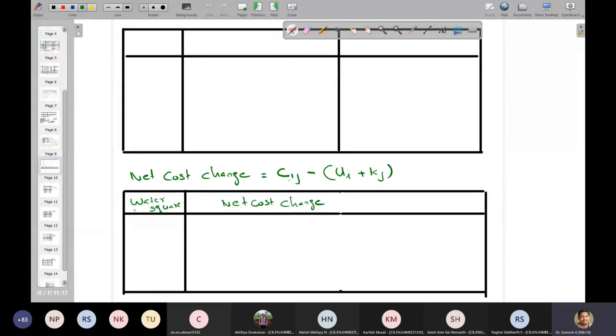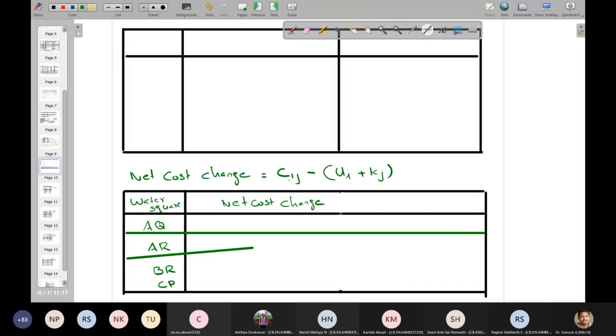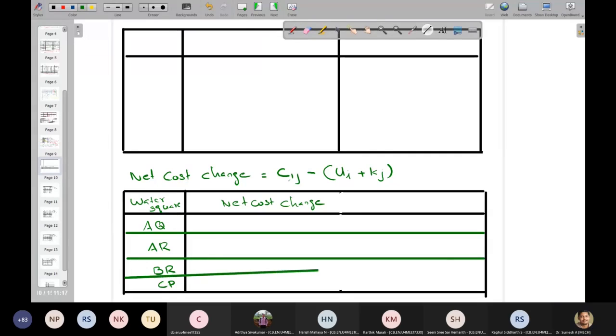So we have the four. Now, what information do we have? We have only the information of Cij.